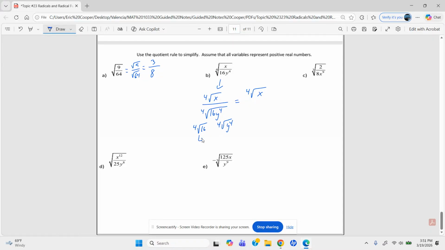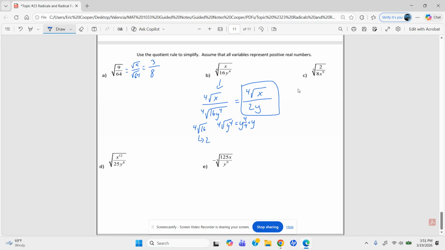The fourth root of 16 is 2, because 2 times 2 times 2 times 2 gives me 16. And the fourth root of y to the 4 is simply 4 divided by 4, or y. So this bottom part simplifies to 2y. So we would leave this as our answer. Again, we can't really simplify the fourth root of x because there's only one x here.